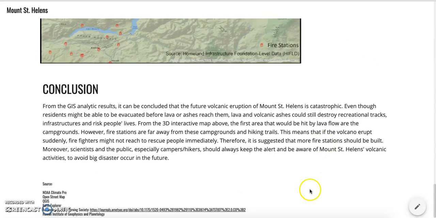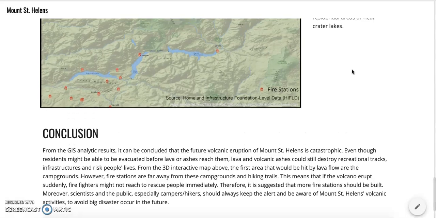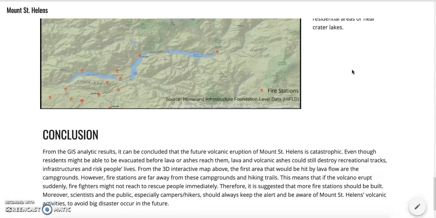To conclude, from the GIS results, it can be concluded that a future volcanic eruption of Mount St. Helens is possible and will be catastrophic. Even though we have the technology now and residents might be able to evacuate before the lava or ash reaches them, lava and volcanic flow could still destroy many recreational tracks and structures, and risk people's lives.